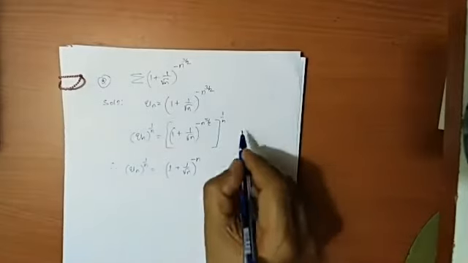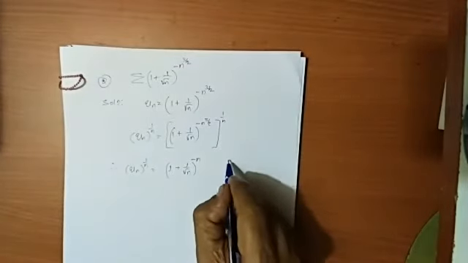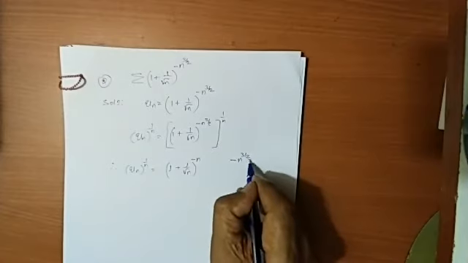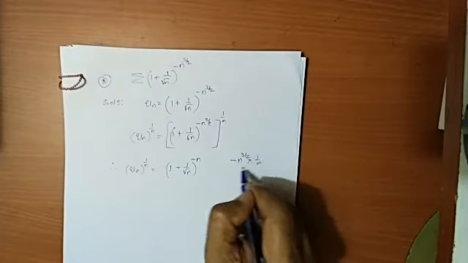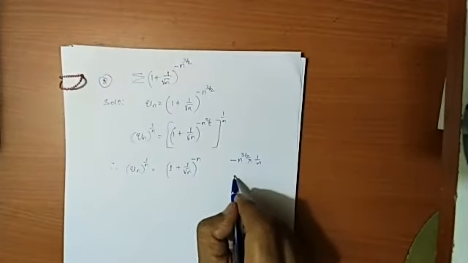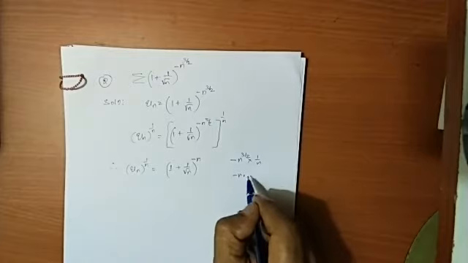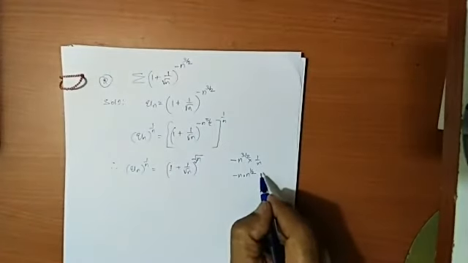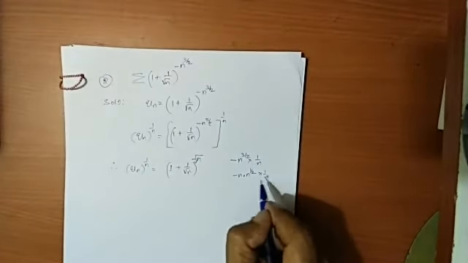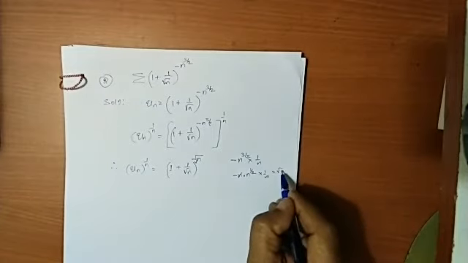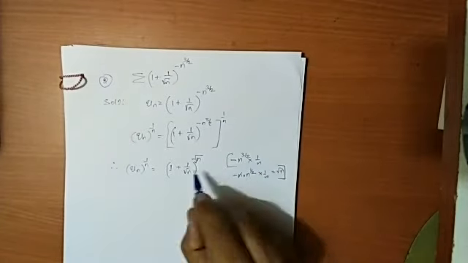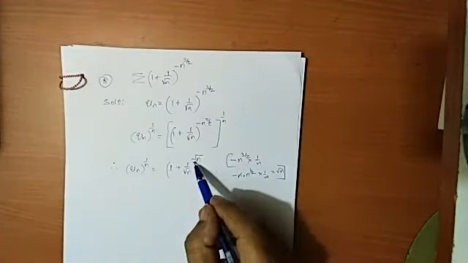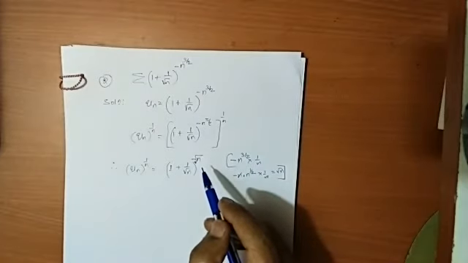Because I can write minus n raised to 3 by 2 into 1 by n: minus n into n raised to half, which is root n, into 1 by n. So these two cancel, and you are left with root n. That's what I wrote here. So this is minus root of n.